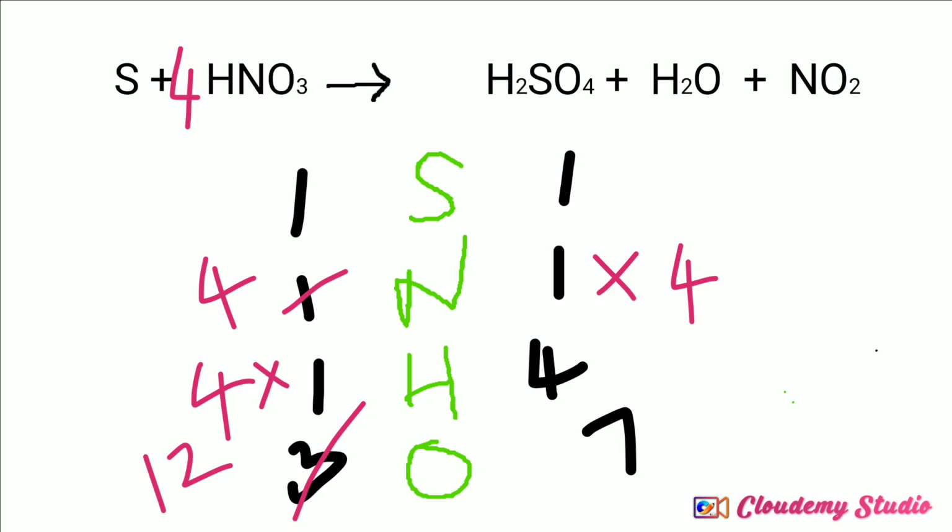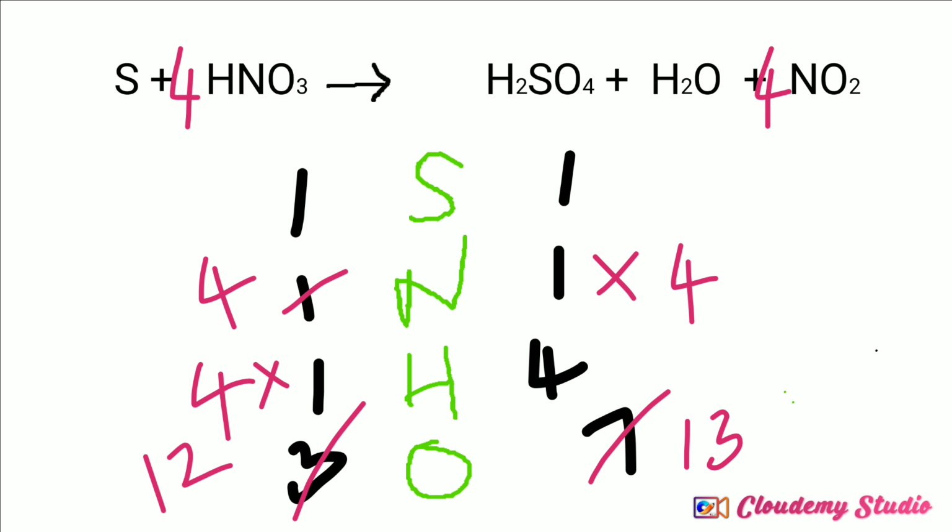This 4 has to be placed before the formula of nitrogen dioxide. When we multiply, oxygen will change at the right hand side. That is now 4 times 2, 8. 8 plus 1, 9. 9 plus 4, 13. Now oxygen becomes 13.